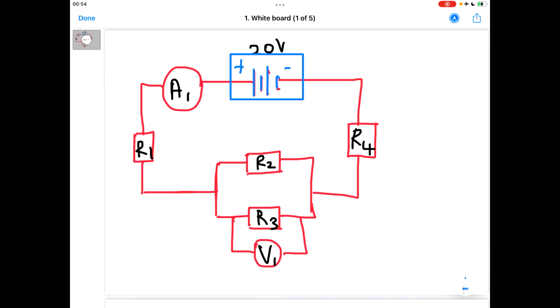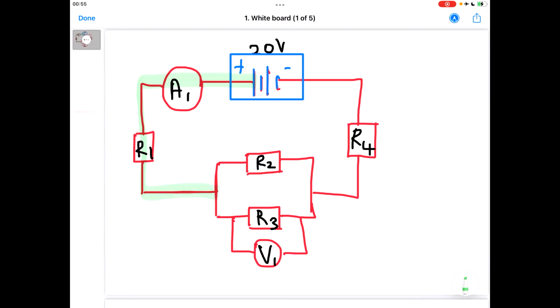So now let me do this. This is how the current is going to flow. Current flows from the positive terminal to the negative terminal. So it's going to be flowing like that. And then obviously when it gets there, it splits.